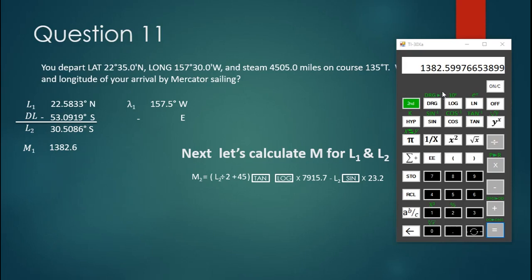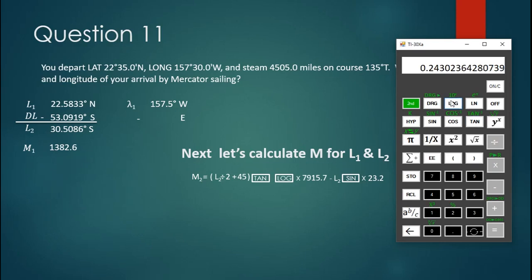And now we need to calculate M2 using L2, which is 30.5086. Make sure you calculate L2 and not DL. Pretty easy to get crossed up sometimes. So open our parentheses and 30.5086 divided by 2 plus 45. Close your parentheses.